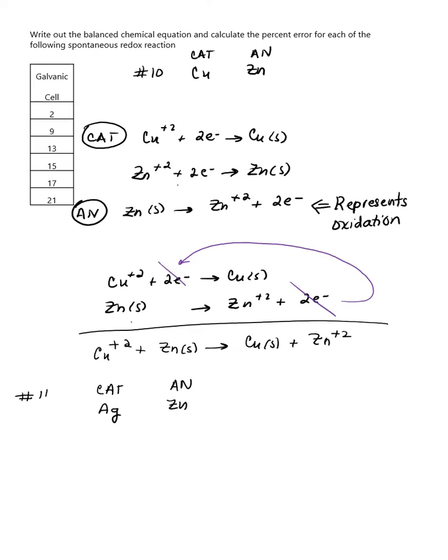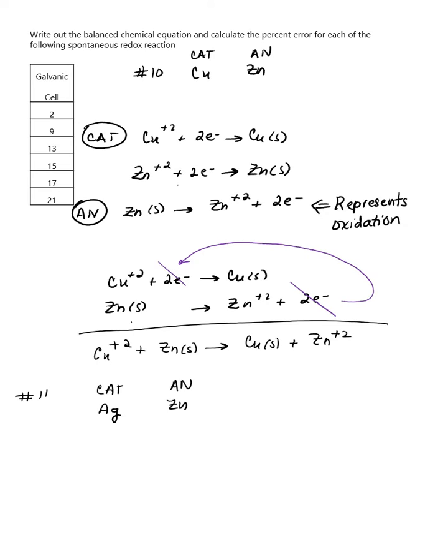So for number 11, and now for this one, I'm not writing down everything. For number 11, you have zinc as being oxidized again with your potential of negative 0.76, and you have silver as being reduced, gaining the electrons. Okay?